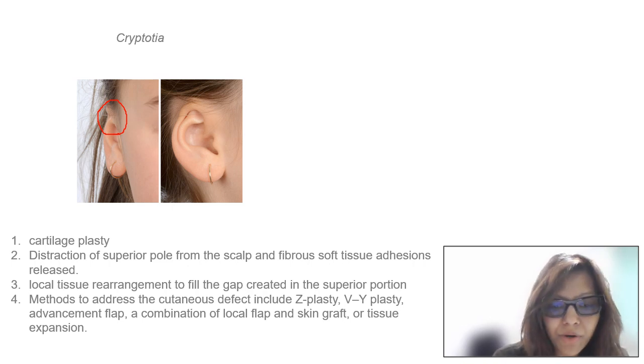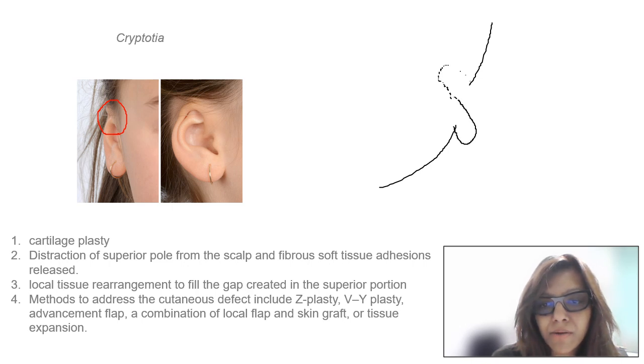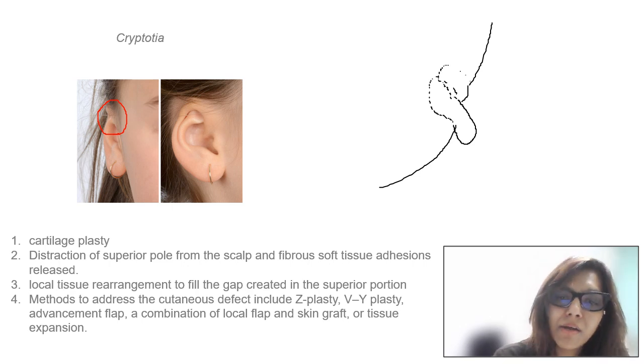If this is your scalp tissue, this is the mastoid tissue, and this is the ear and the cartilage portion that's buried inside, and this is the portion that's outside. So this is cryptotia, correct?